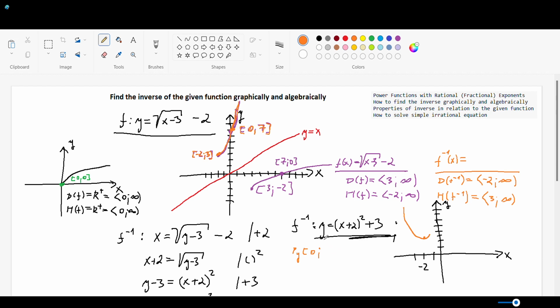We can simply calculate and make sure that our point (0, 7) was calculated before correctly, which means y equals (0 plus 2) squared, which is 4, plus 3, which is 7. So we can calculate it easily and quickly, and we see that our intercept has the coordinates 0 and 7. 1, 2, 3, 4, 5, 6, 7, and this is our point. So my function passes through this point.